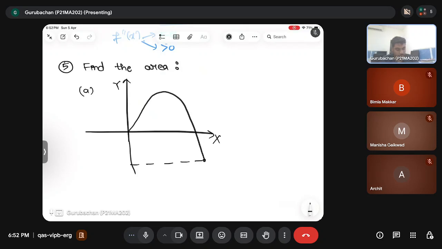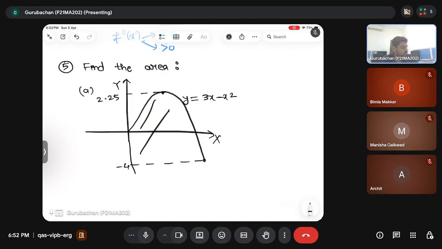So this is -4, and the maximum value is attained at 2.25, and the graph is 3x minus x square.